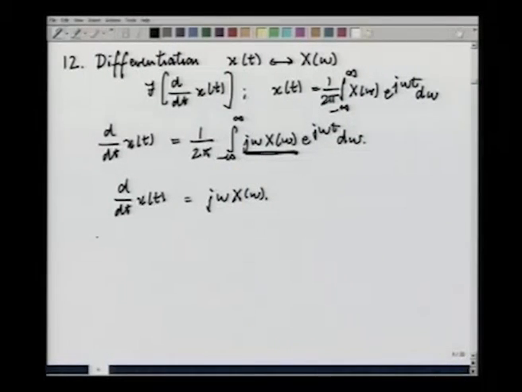Now, having studied differentiation, let us now look at integration. The inverse of differentiation, as we know, is the running integral.